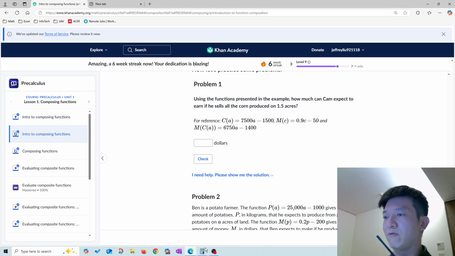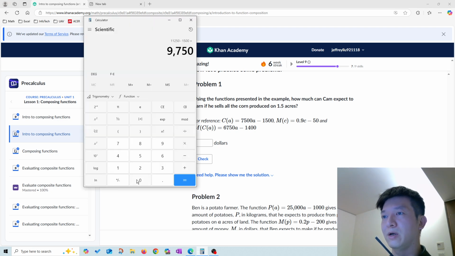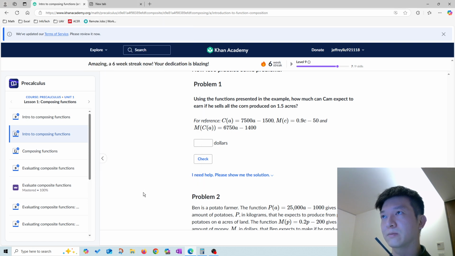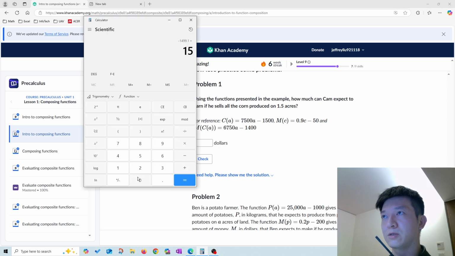So then you have to times 0.9, right? Immediately you have to times 0.9, because you plug in here, C. Oh, sorry, I used the minus, so plus it back. Okay, let's redo this.